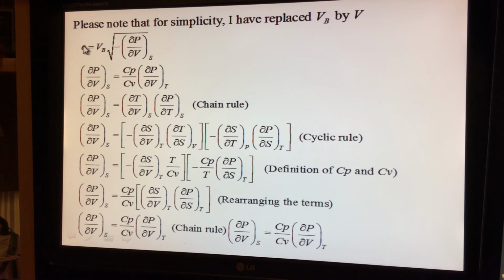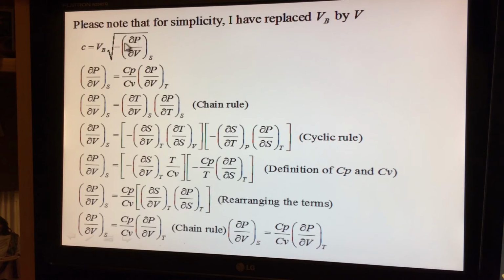From the previous slide, the speed of sound c is given by the specific volume of the fluid multiplied by the square root of this partial derivative, and remember this is a negative, while the entropy is kept constant. The specific volume is something that is easy to measure for any fluid.